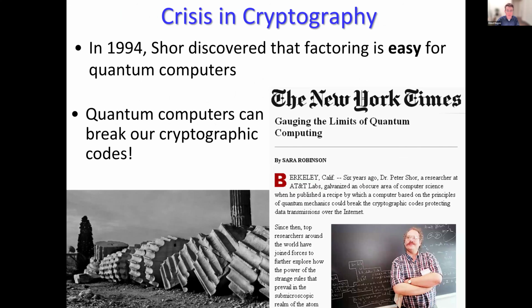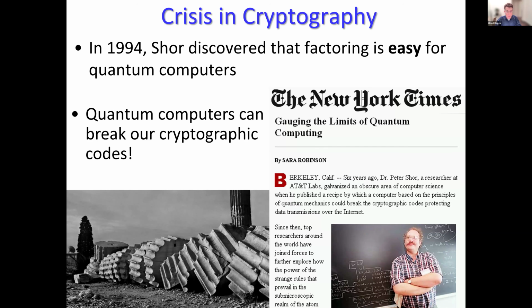In 1994, Peter Shor discovers factoring is easy for quantum computers. And I think that's what brought many of you to quantum computation. This is a phenomenal result showing that quantum computers can break all the cryptographic encryptions that were used at the time, RSA and elliptic curves and whatnot.